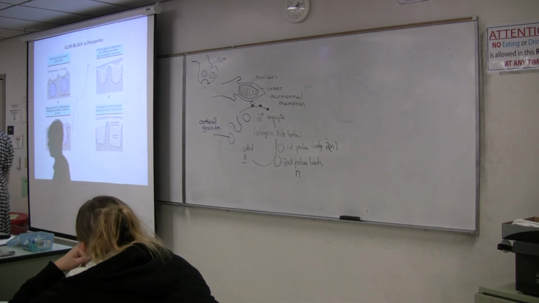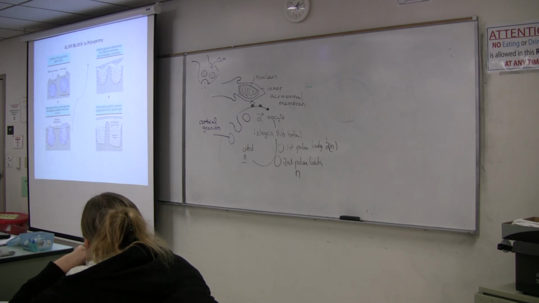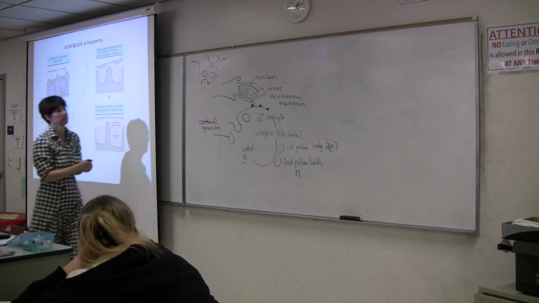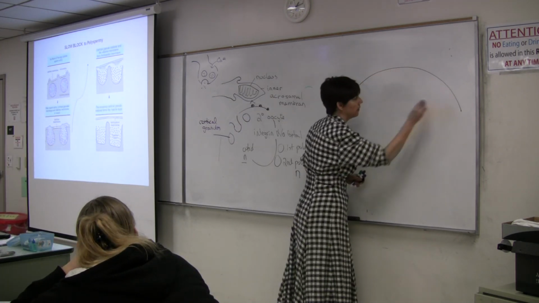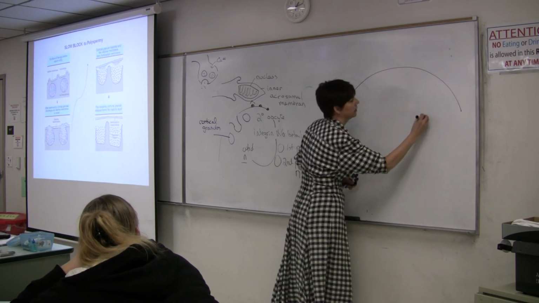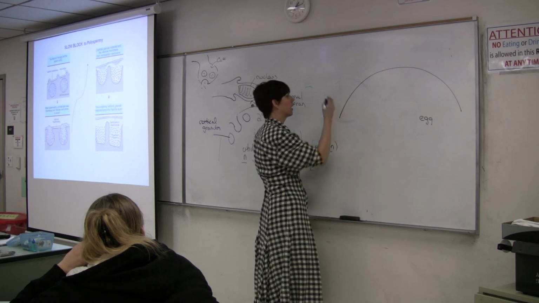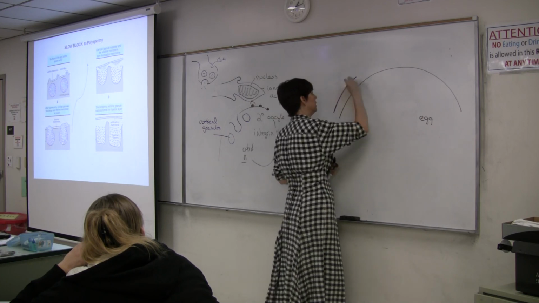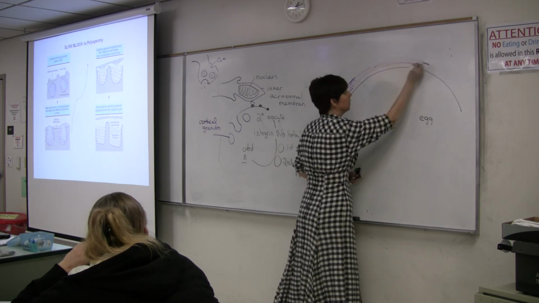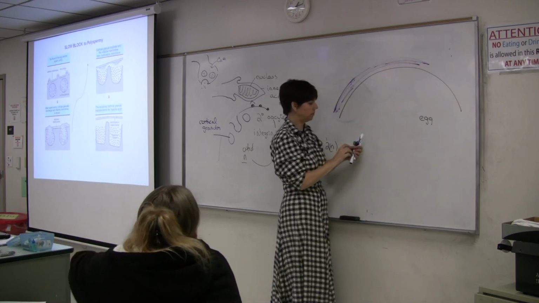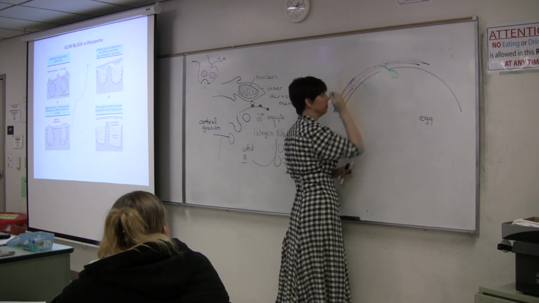So if I diagram that out, here would be the plasma membrane of the egg. Here would be the zona pellucida. And here would be our first sperm.